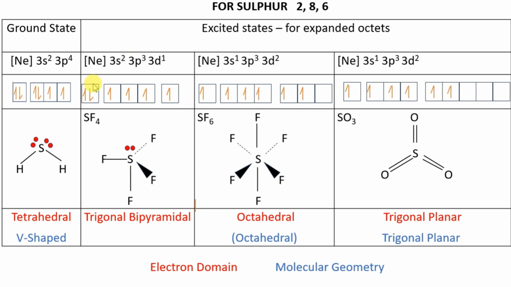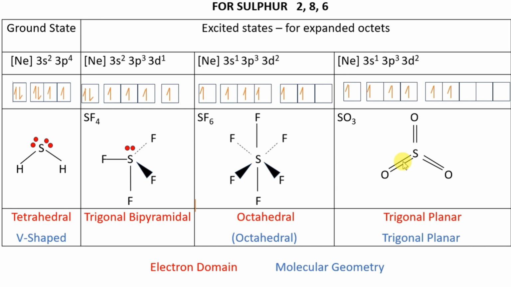The final pair of electrons can have an electron excited into a vacant d. Now, 6 singly occupied atomic orbitals, 6 covalent bonds can be made, as we have with SF6. The shape is octahedral in terms of molecular geometry and electron domain geometry.